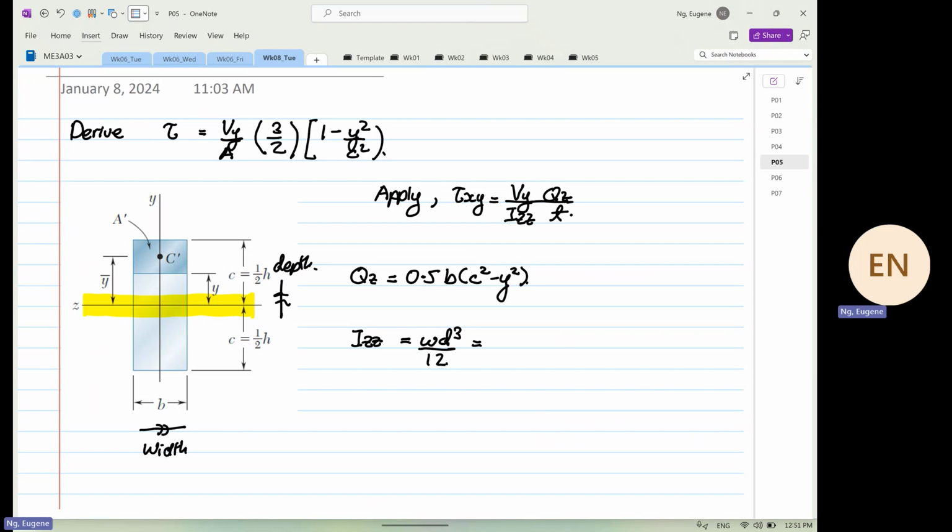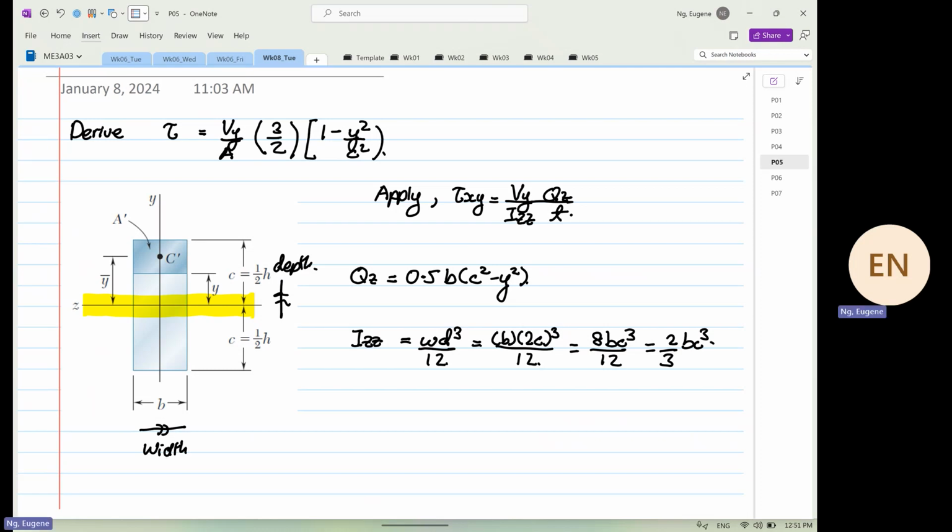The width is equal to B, the depth is equal to 2C cubed over 12. So over here we get 8BC cubed over 12. Our second moment of area is equal to 2 over 3 BC cubed.